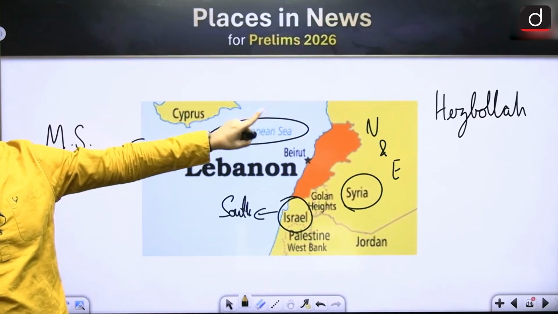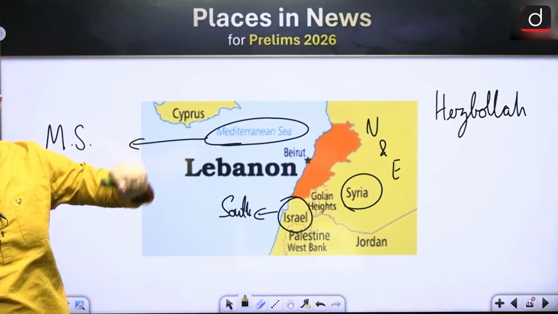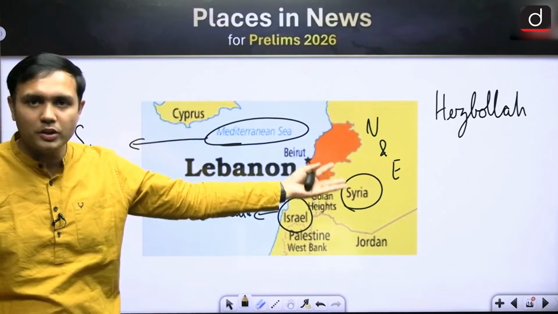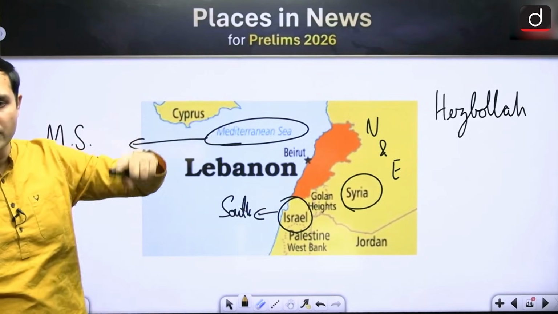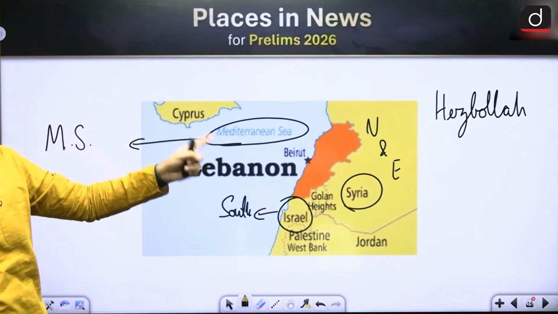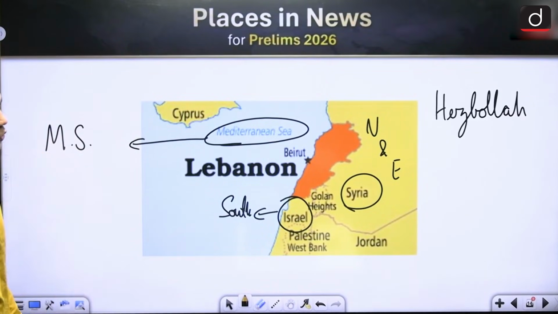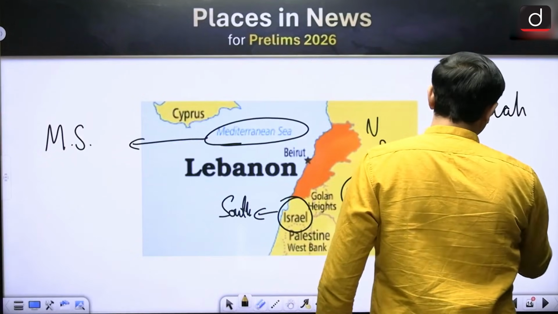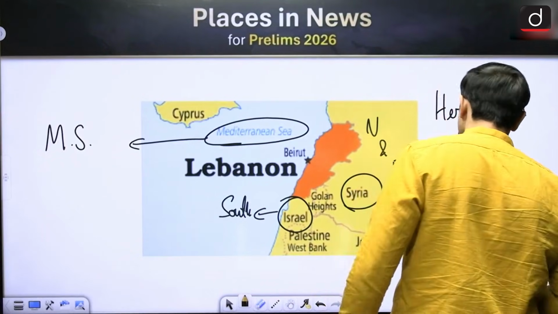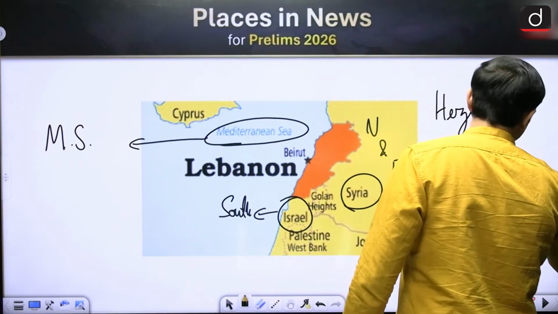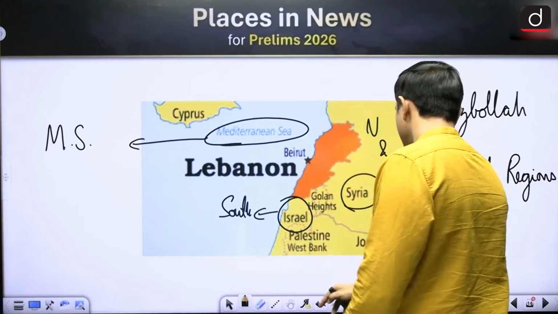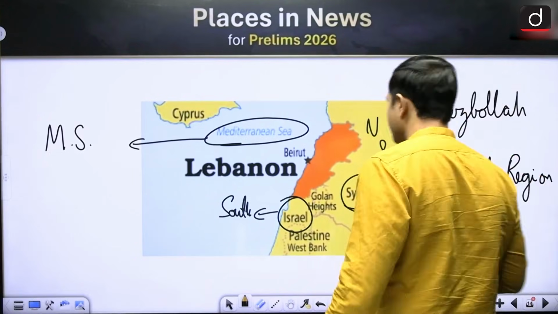That is why again it becomes an important area for our UPSC purposes, and you will have to know, okay, Hezbollah is in which particular region, which is the country, which are the bordering areas, right? Next is, what you can also expect a question from is that what is the Levant region, and which are the countries that are associated with this Levant region.